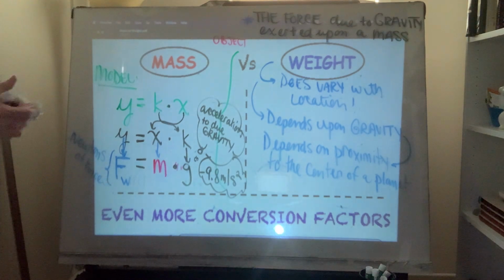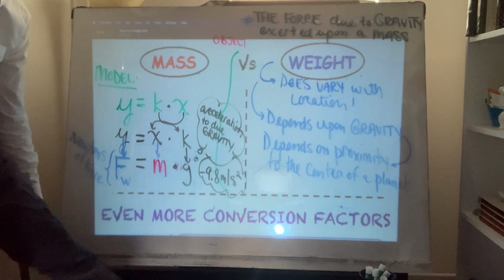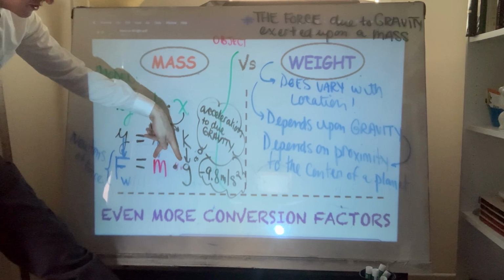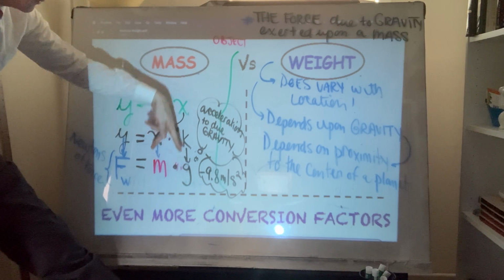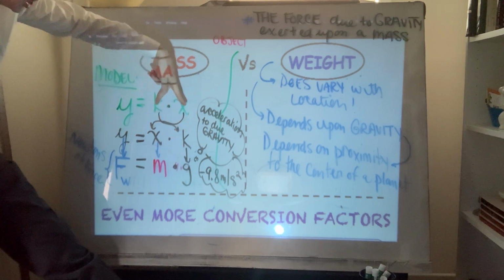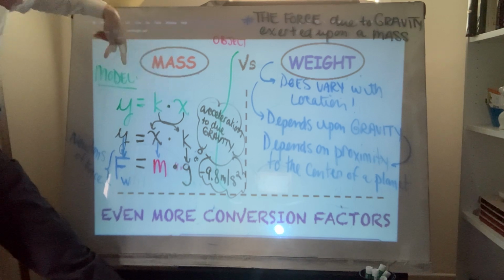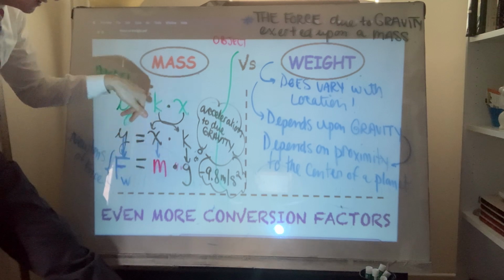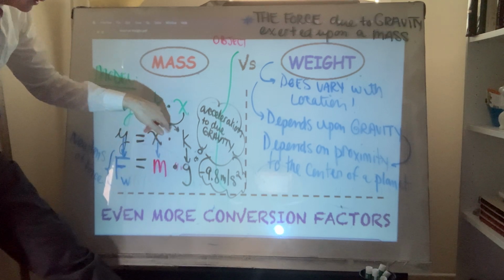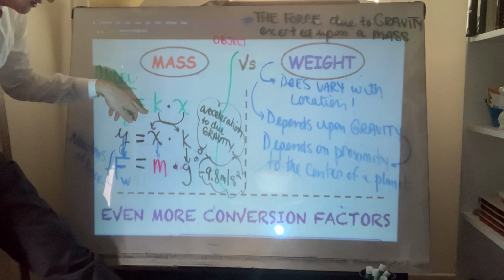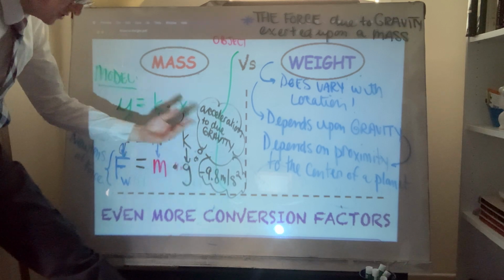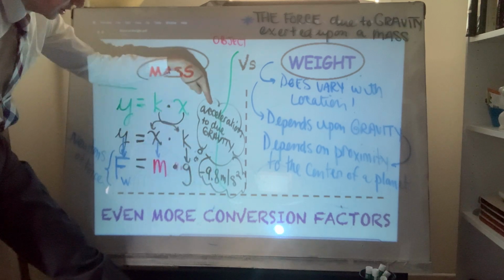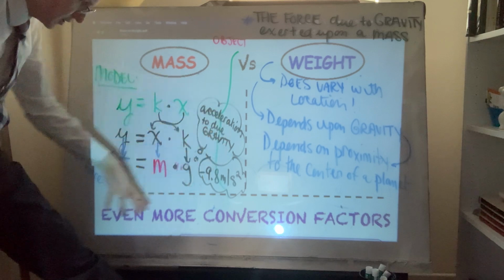Anyhow, as you can see, it is essentially two factors that are multiplied. We've just switched the positions and changed the labels from the model. These are directly proportional because all it involves is multiplying two factors, and one of them is a constant. 9.8 is considered a constant, the acceleration due to gravity, in this particular scenario.